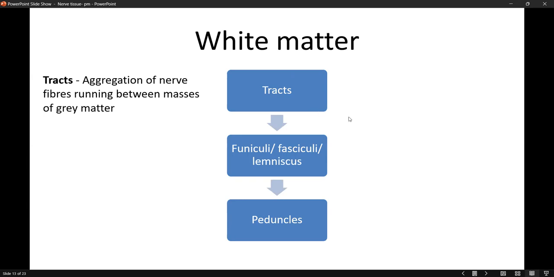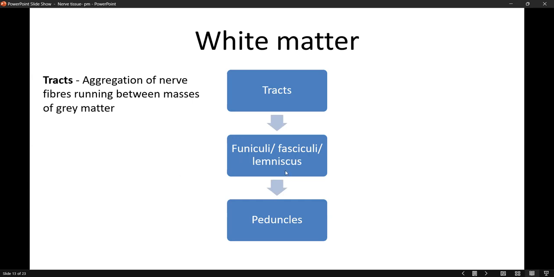And several such tracts, when they collect together, give you a bigger bundle, which we call funiculi or fasciculi or lemniscus. This we can see as we progress up the spinal cord towards the brainstem.